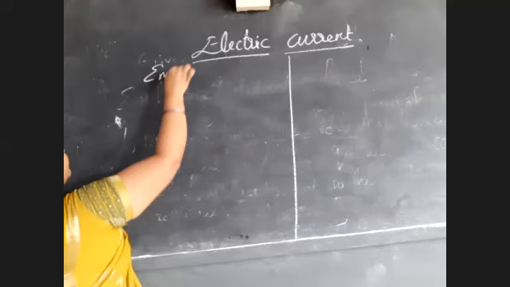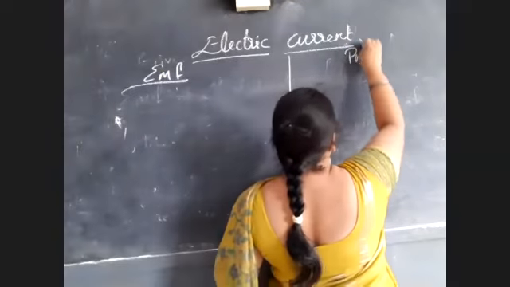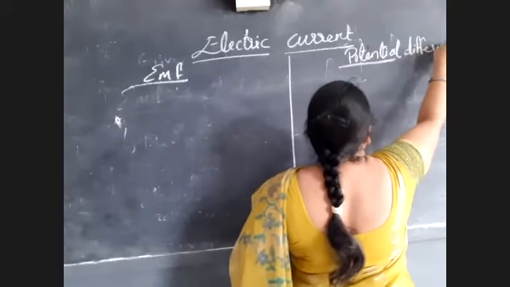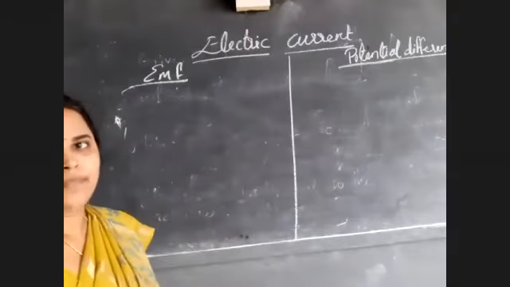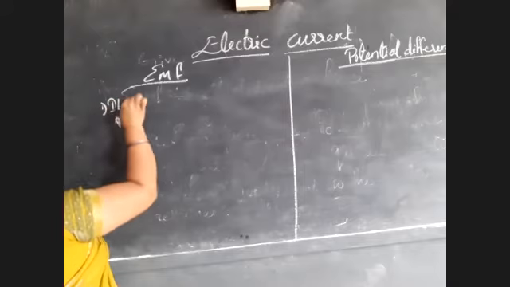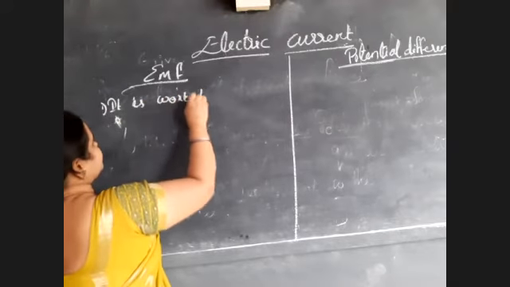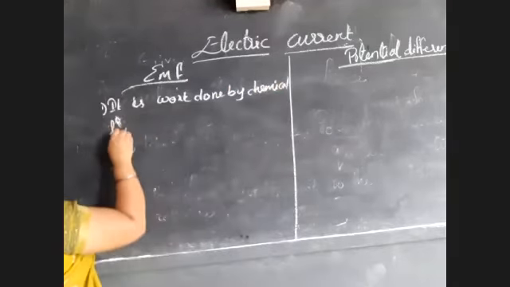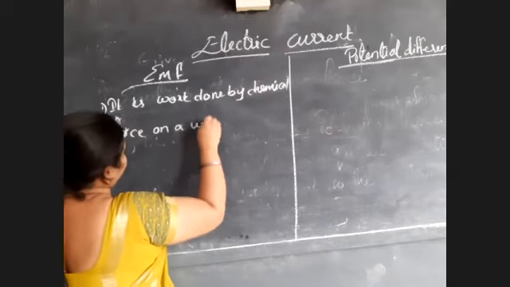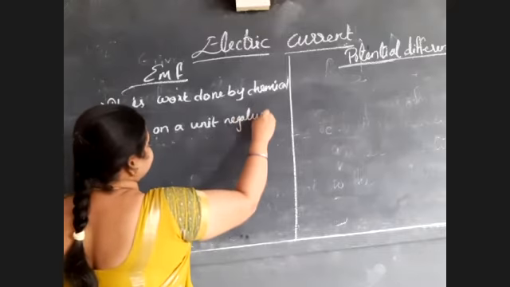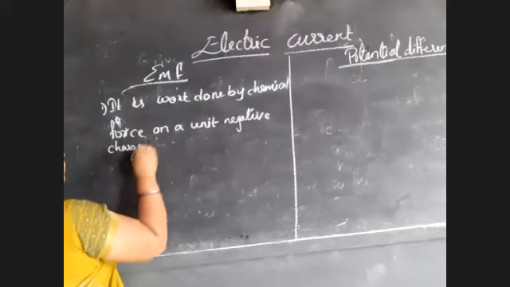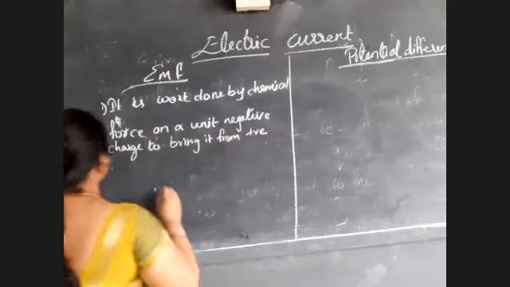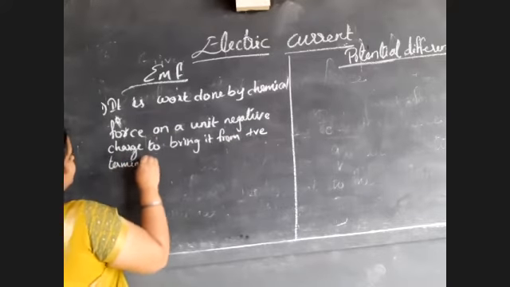First, EMF: it is the work done by chemical force on a unit negative charge to bring it from the positive terminal to the negative terminal.